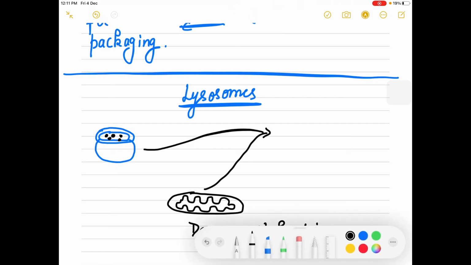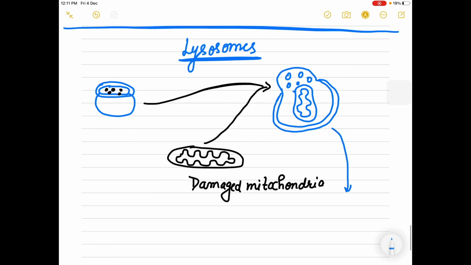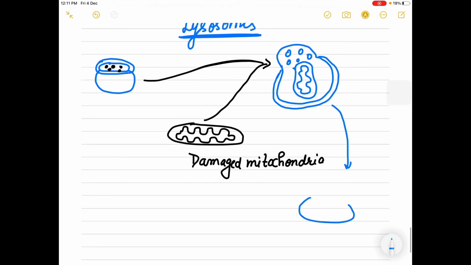So what will happen is that this lysosome forms a cover around this mitochondria. So this mitochondria is now in the lysosome, right? And here it has the digestive enzyme, and after this it will digest the mitochondria.